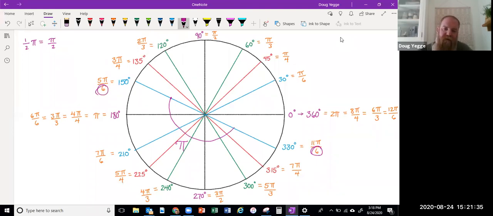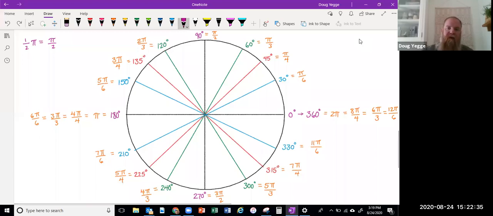That shouldn't be too surprising if you recognize that in order to move from 5 pi over 6 to the opposite side, I have to add 5 pi over 6 plus 6 pi over 6, which gives me 11 pi over 6. And that'll happen anywhere on this circle. That's why you could follow the blue line all the way across, or the red lines or the green lines all the way across, because those are always going to be pi radians apart.